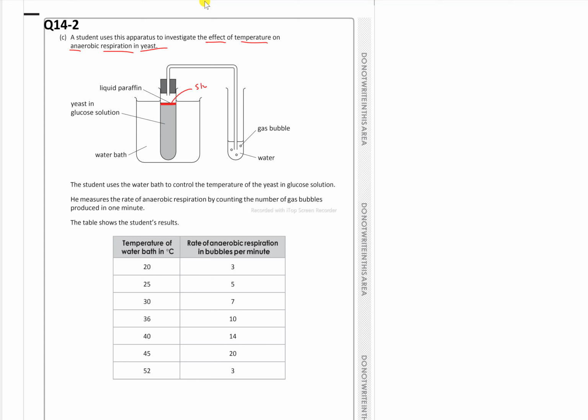That's to stop oxygen getting in, because we want anaerobic respiration.